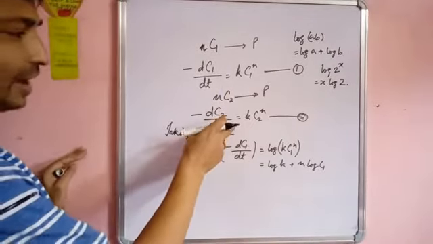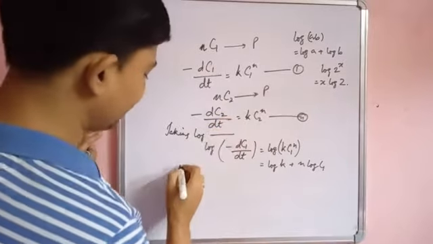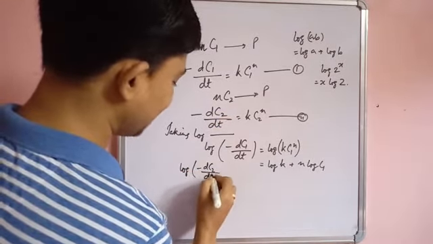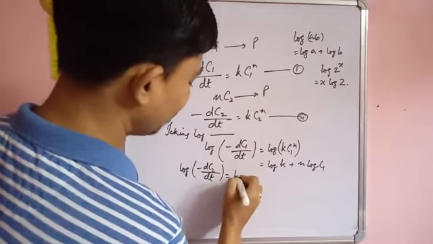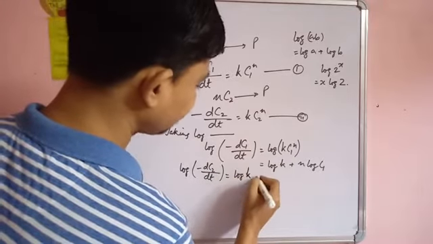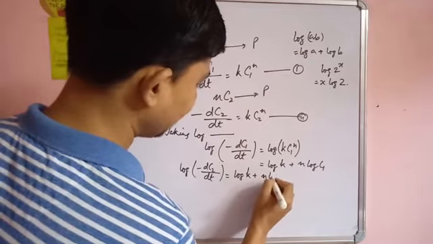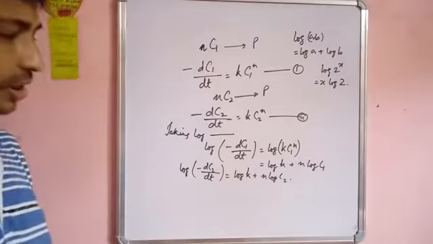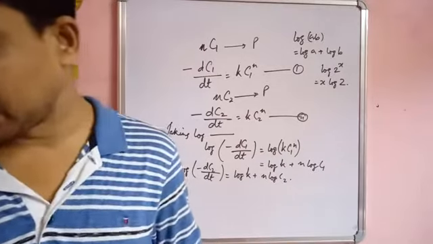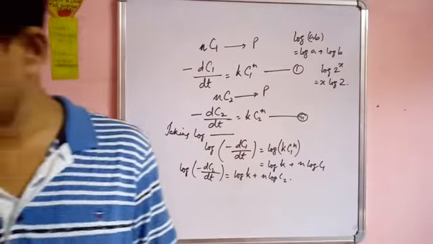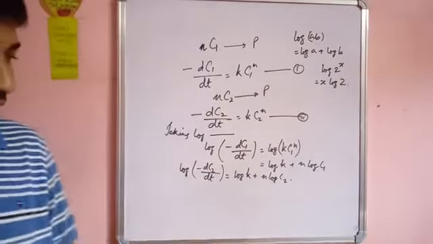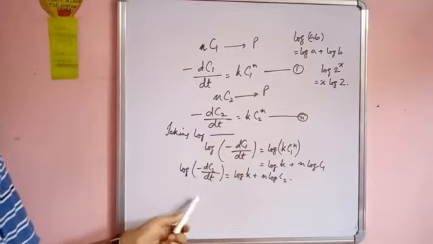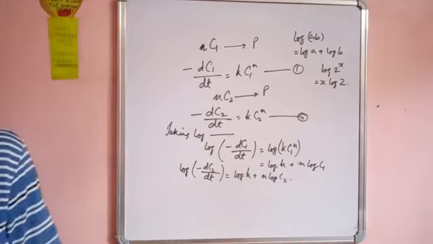If we take log of the second equation, we get log of minus dC2 by dt is equal to log K plus n log C2. So these are the two equations we got. The first one is log of minus dC1 by dt is equal to log K plus n log C1, and the second one is log of minus dC2 by dt is equal to log K plus n log C2.